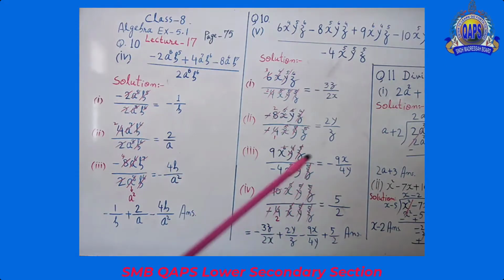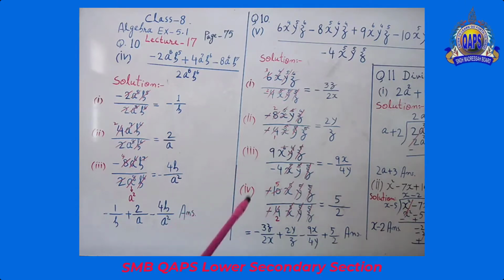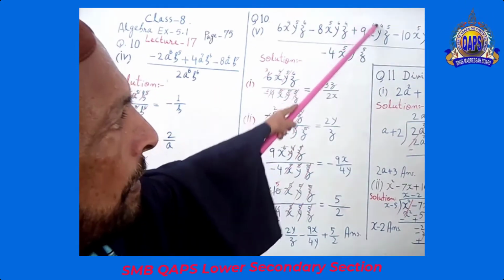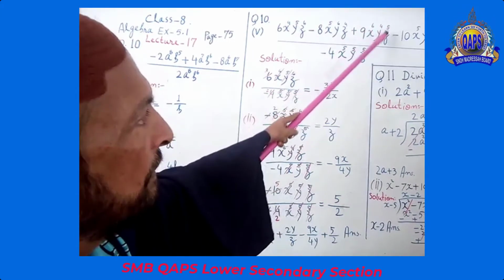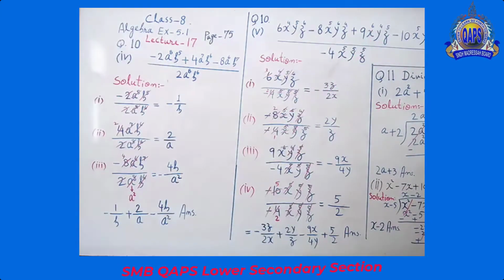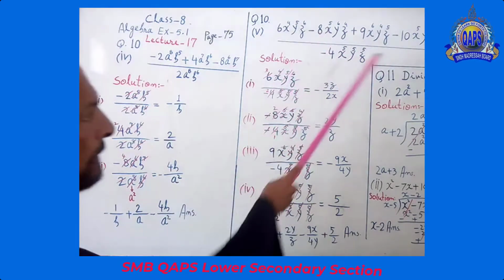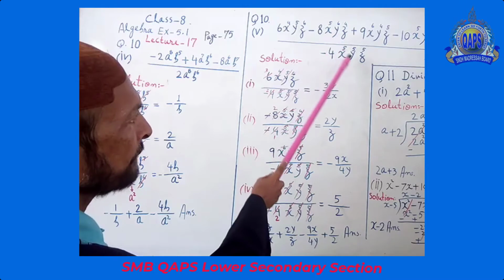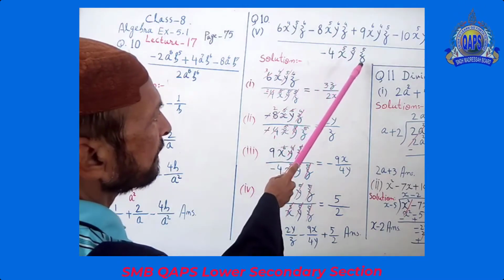Now step number 3. 9x6 y4 z5 upon minus 4 x5 y5 z5.